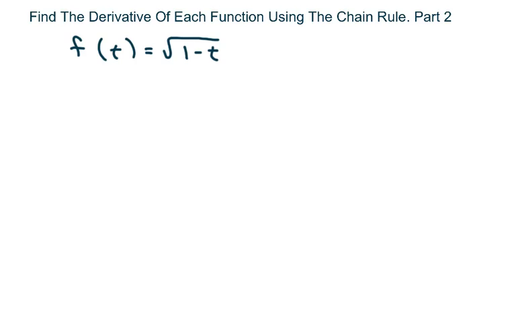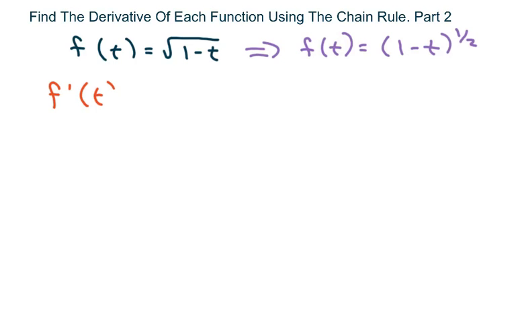So the first thing I'm going to do with this one is rewrite it as a power. And then I'm going to take the derivative of that. So take the derivative of f of t. So you do your outer function, and 1/2 minus 1 is negative 1/2.